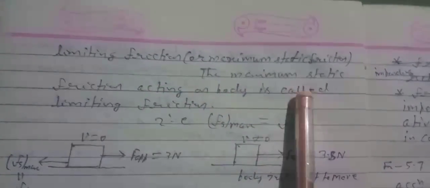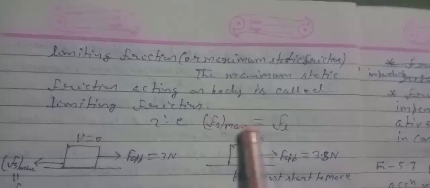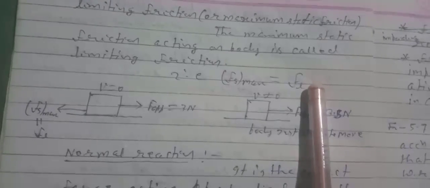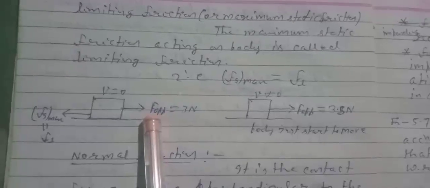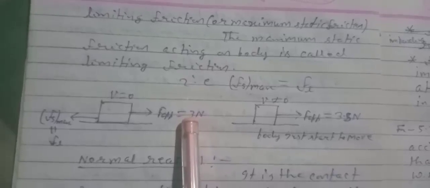Now limiting friction or maximum static friction. The maximum static friction acting on a body is called limiting friction, that is Fs max equals Fl. For the situation discussed earlier, when the applied force becomes more than 3 Newton, the body starts to move.